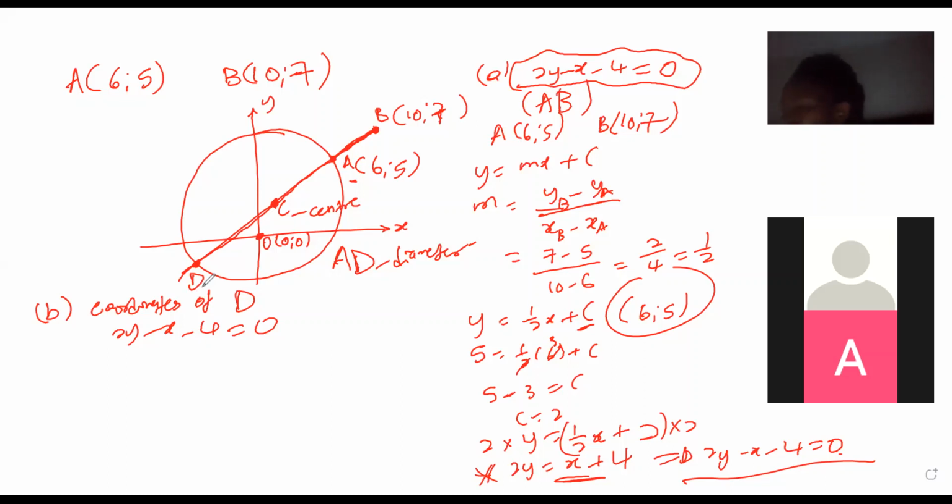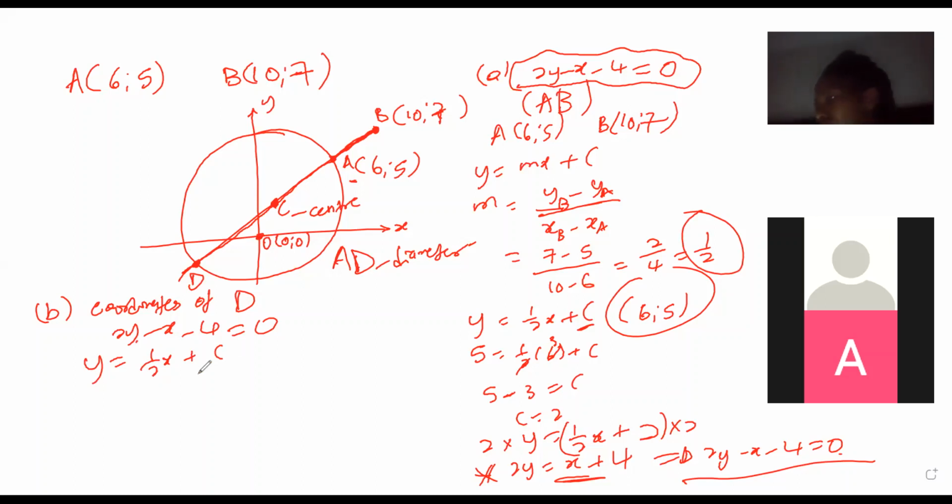Oh, we don't have a tangent there. Let's see if we use the M for this, the gradient for this line, we found it was half. So let's see if we use y is half x plus c, but still the line is the same.